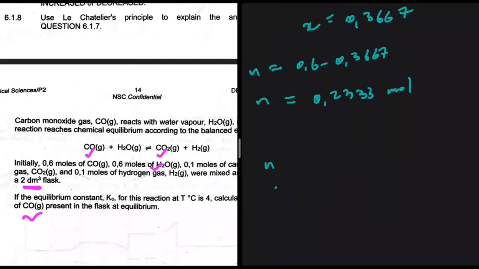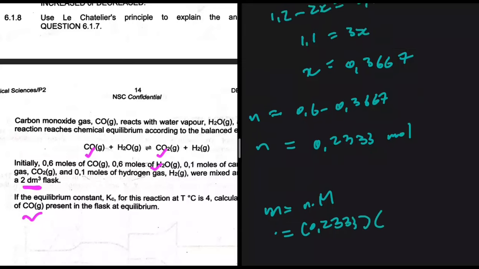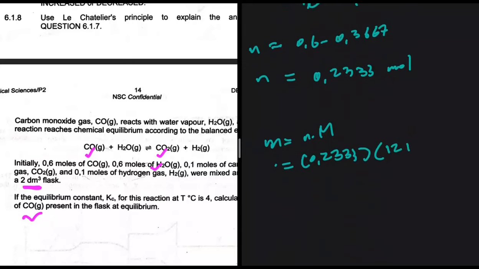So the mass is equal to the number of moles multiplied by the molar mass. So we have 0.2333 times the molar mass of carbon monoxide, which is just 12 plus 16. This is 6.53, so 6.53 grams is the mass of carbon monoxide at equilibrium.